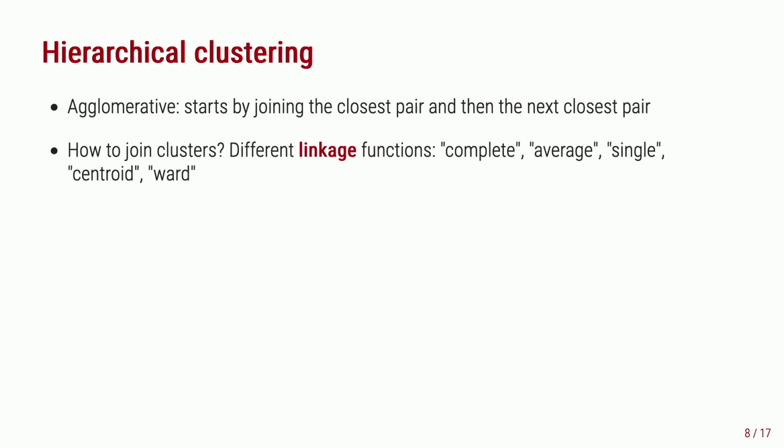And this single function creates dendrograms that look like this, because it's basically joining one by one sometimes. Because it's too short, it requires only very short distances to join. Average, which is more robust, will take the centroids of the groups and will decide which is closer.